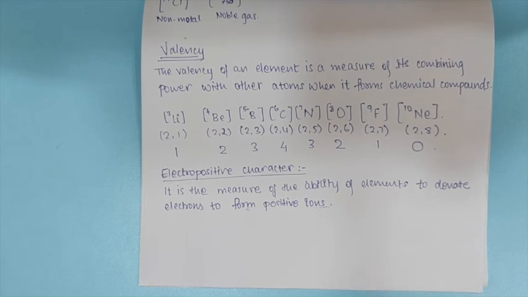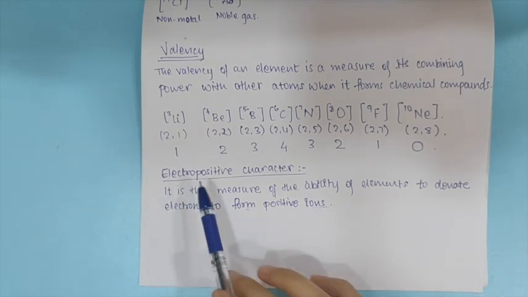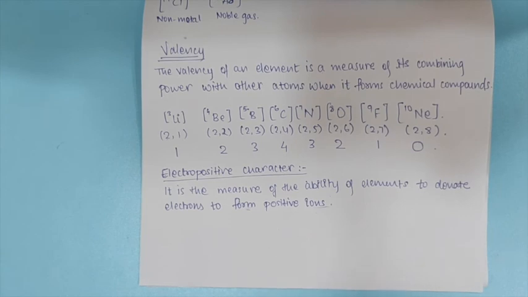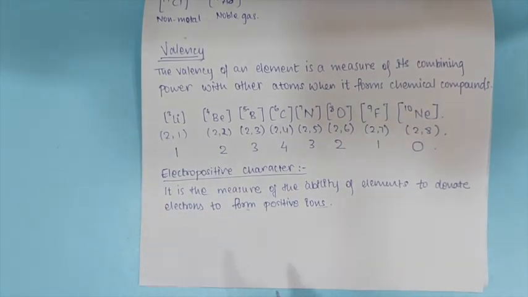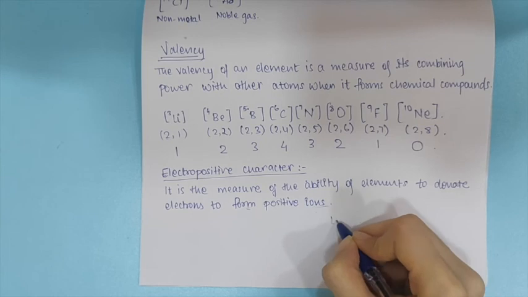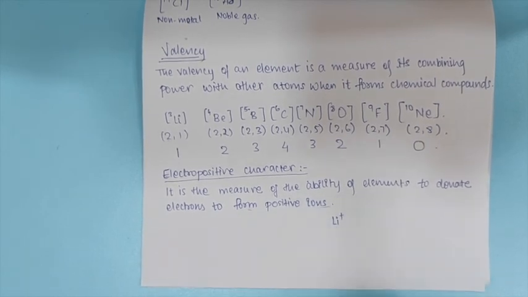So the electropositive character increases from right to left in a period. Suppose we take the example of lithium. It's a metal with electronic configuration 2, 1. Now if lithium loses 1 electron, it becomes Li plus and forms a positive ion.